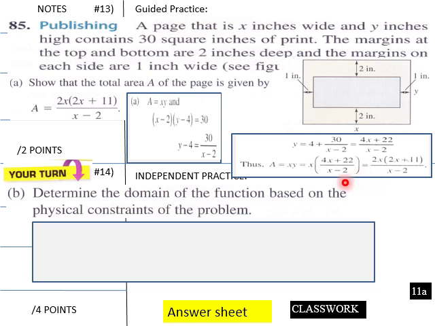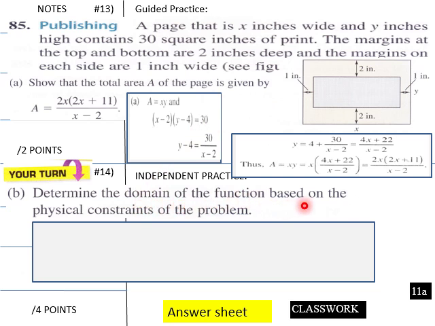When we factor out a 2 in the numerator, we get 2x times (2x plus 11) over (x minus 2), and sure enough, we can simplify it back into the original expression for this area.